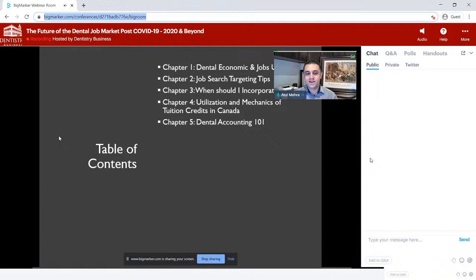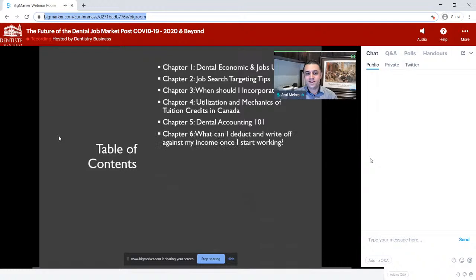I'm going to give a quick outline of some of the revenues and expenses that are involved in the management of a dental clinic, forward-looking, and just a quick tip on some dental accounting fundamentals.